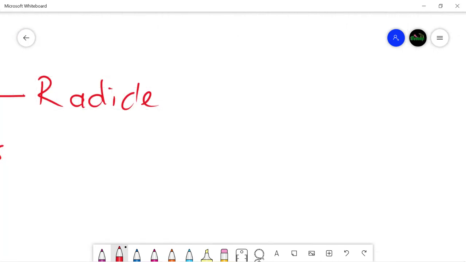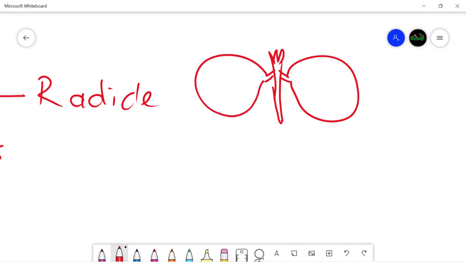Radicle is part of a seed. So let's draw a seed. This is purely diagrammatic, so don't worry about it. This is a seed, say a gram seed. Now this particular part is the axis of the embryo. This is embryo, and embryo has two parts.